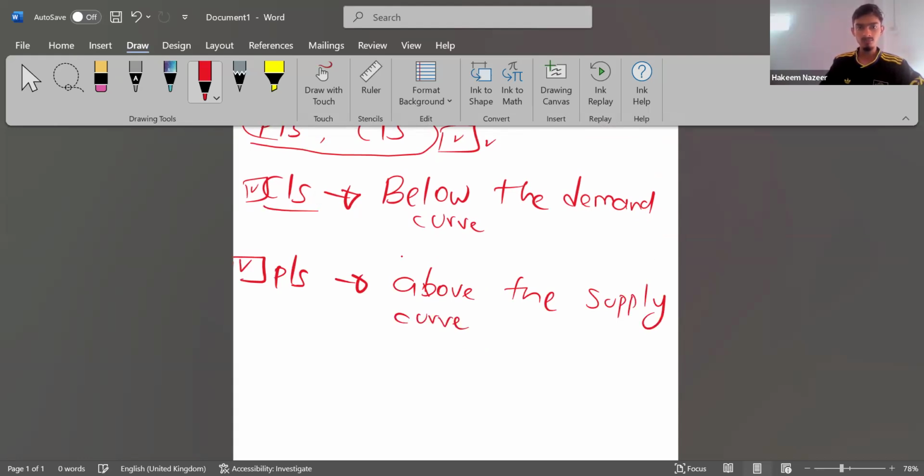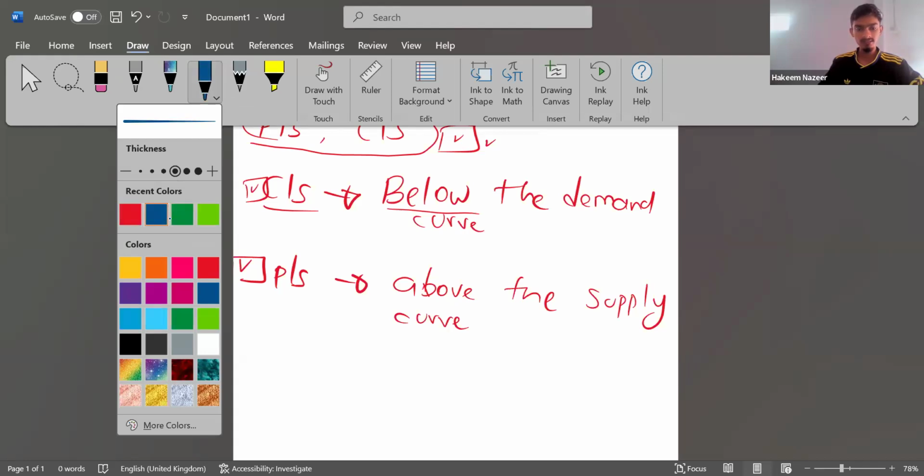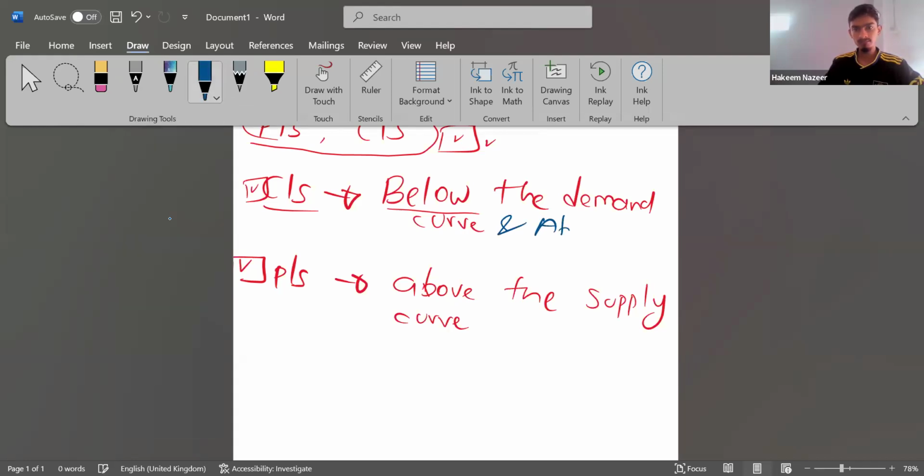In consumer surplus, it is the area below the demand curve and above the market price. What is producer surplus? It is the area above the supply curve and below the market price, right?